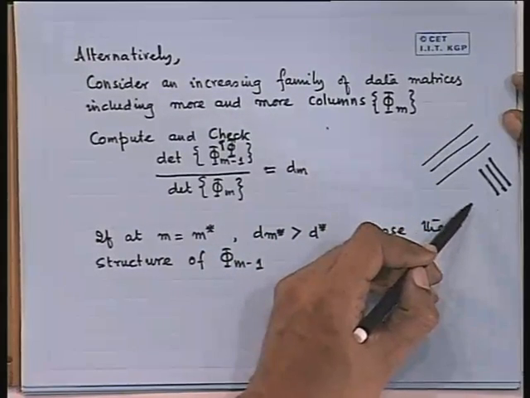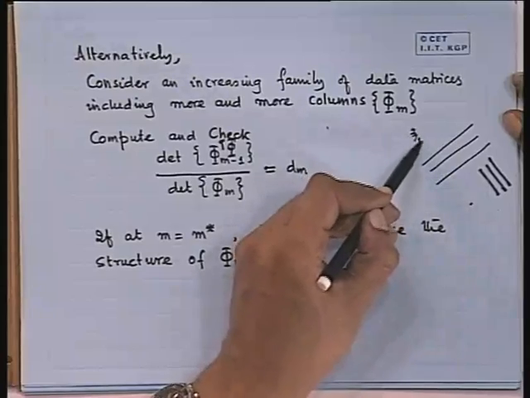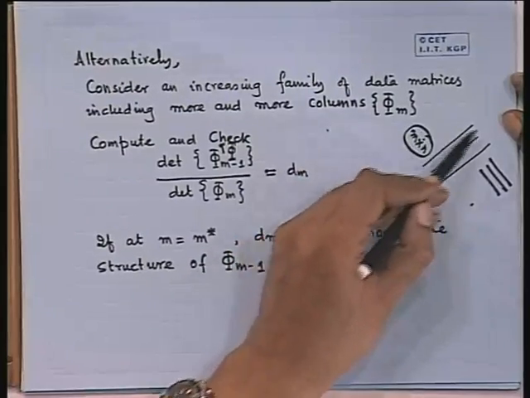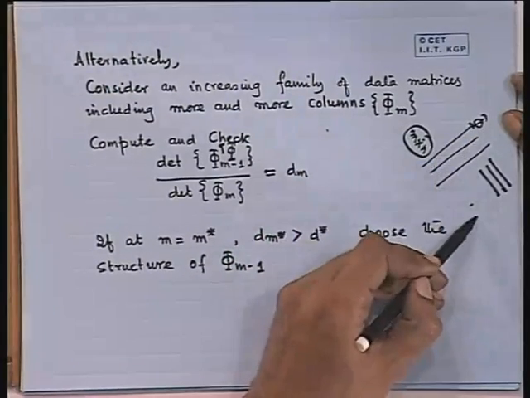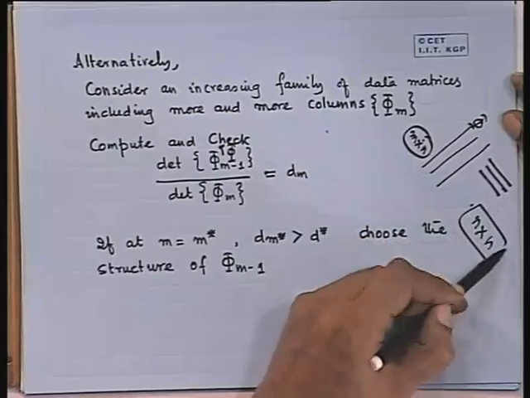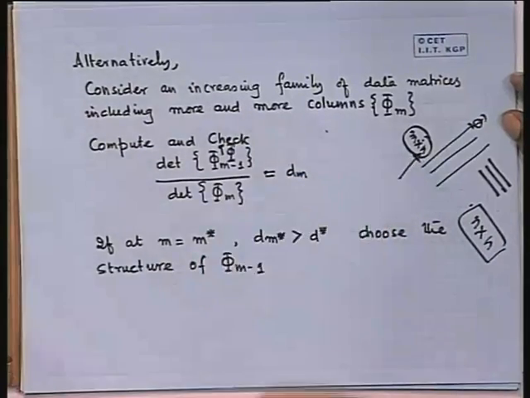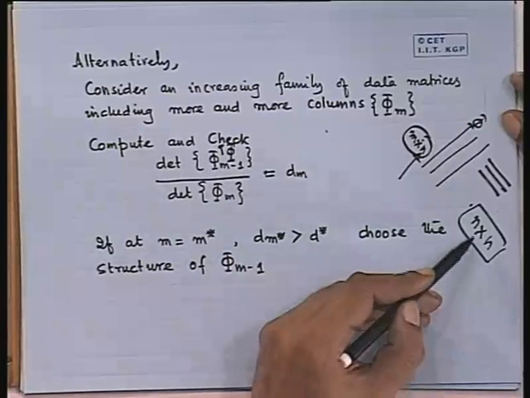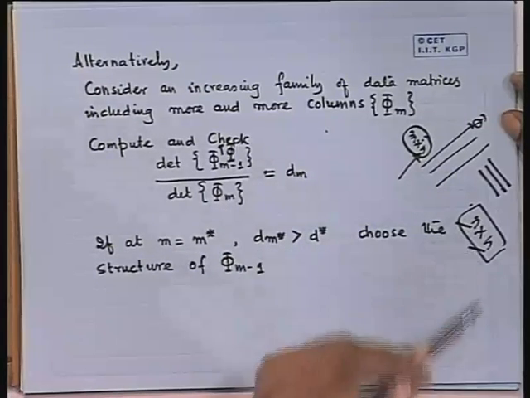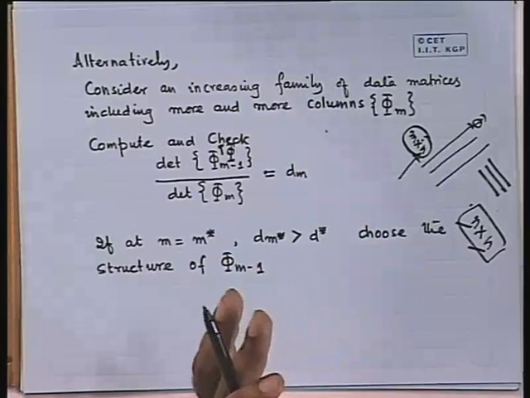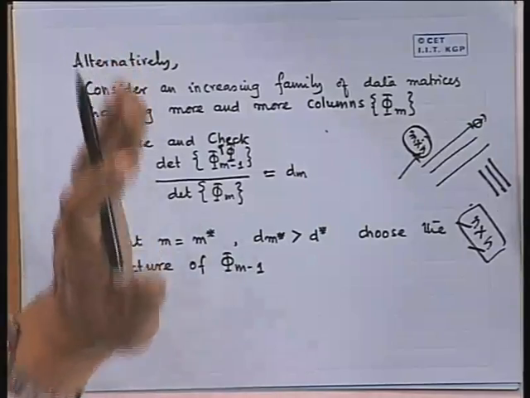If phi is m by n, then phi transpose phi will be n by n. Because the rank of phi is less than n, phi transpose phi will not have full rank. So phi transpose phi will tend to become singular. It will come very close to singularity.